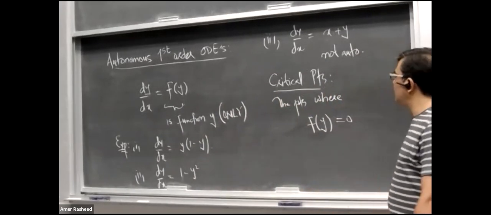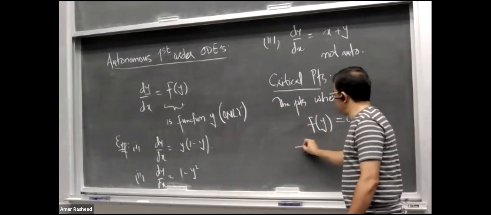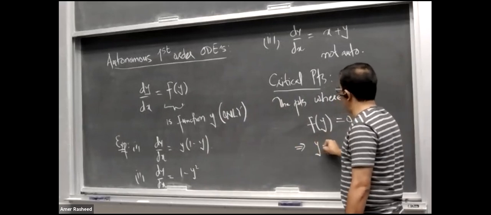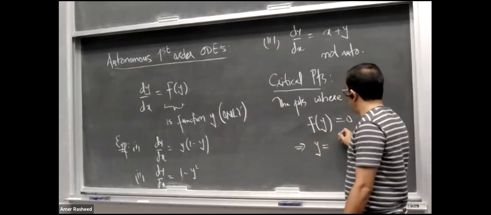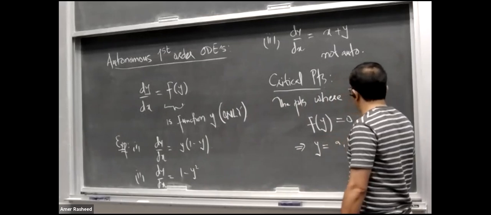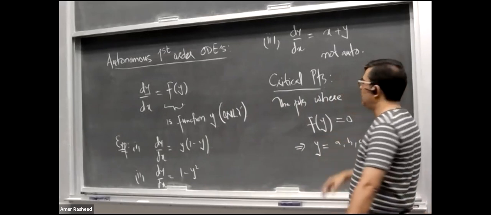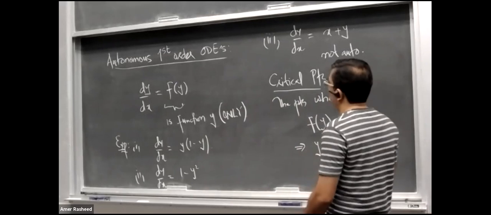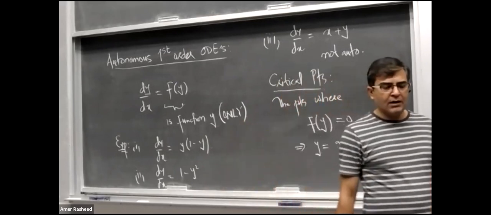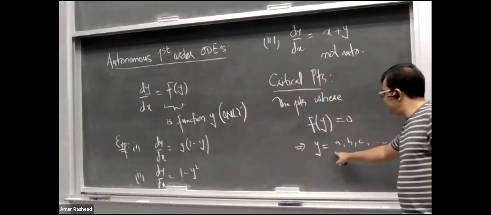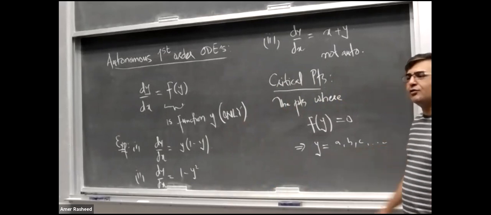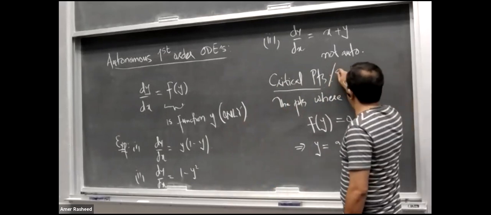Okay, if we put f of y equal to 0, this will give us certain points of y, maybe a, b, c, and so on. It depends on the type of the right-hand side function. So these points are critical points. We can also call them equilibrium points.